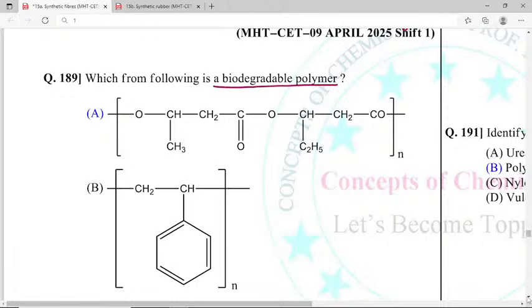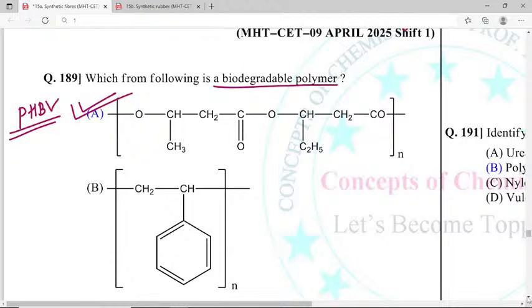Here, the biodegradable polymer having this formula is PHBV, polyhydroxybutyrate-co-valerate. PHBV is biodegradable. This is the formula for PHBV.